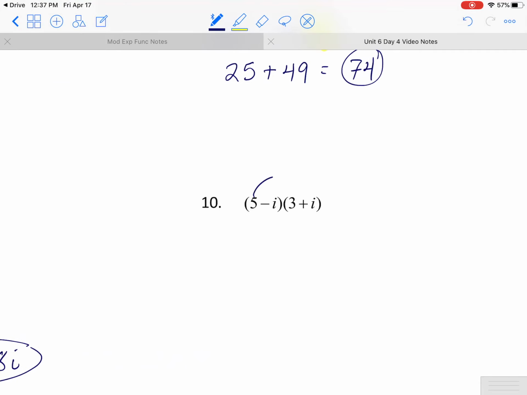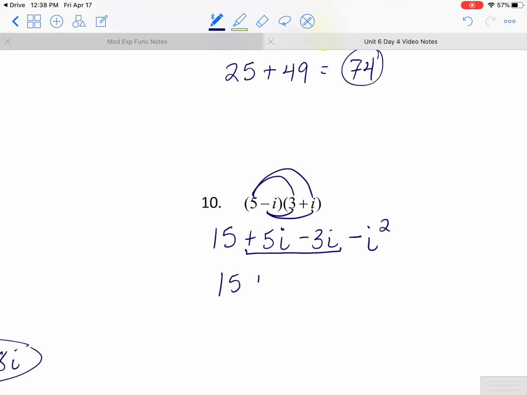And the last one. So it looks pretty easy. So if I go through and multiply, it gets me 15 plus 5i minus 3i. So a negative times a positive is negative, and then i squared.